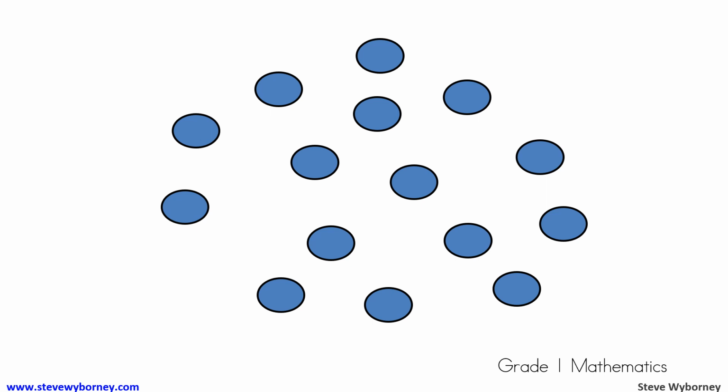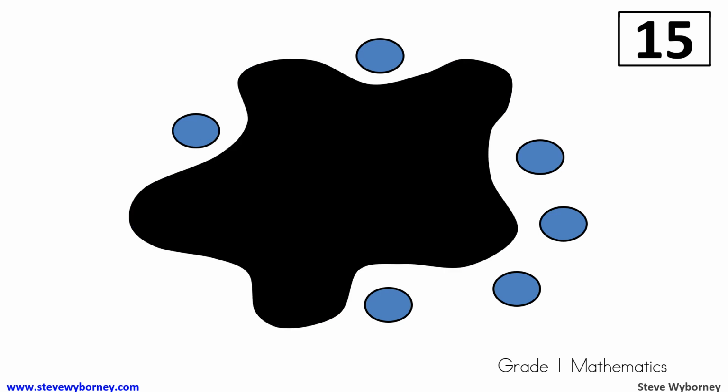So 4 and 3 is 7, plus another 3 is 10, plus another 3 is 13, 14, 15. I think 15. Okay, are you ready? Here comes the splat. How many shapes are under the splat?